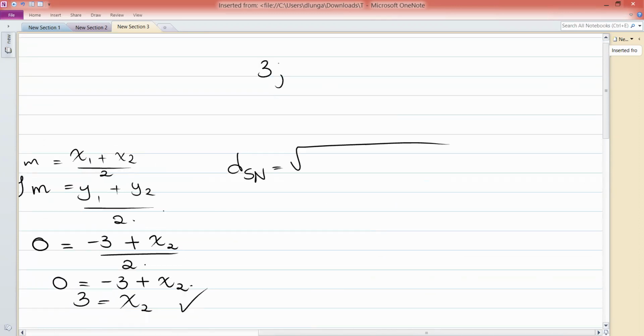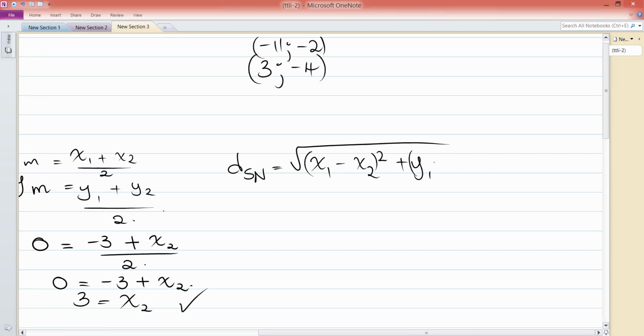3 and -4 and -11 and -2, right? So we're gonna plug those into the square root of x1 minus x2 squared plus y1 minus y2 squared.